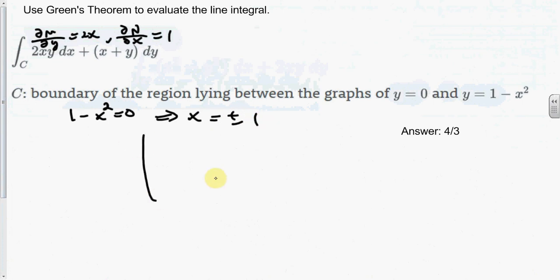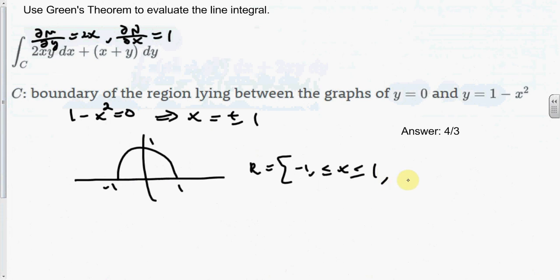So if we look at this graph, this region is defined from -1 to 1, and then y goes from 0 to 1 minus x squared.